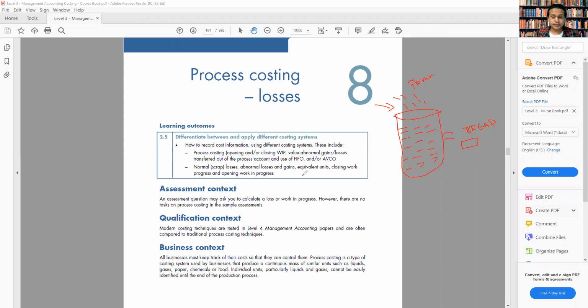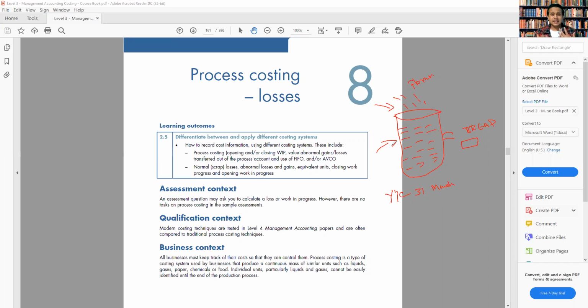Now let's say we are in the year ending 31st of March, could be any year, 2020, 19, whatever it is. So when our year is end, some of the product is still inside of the machine.